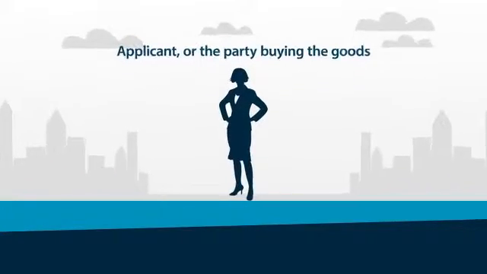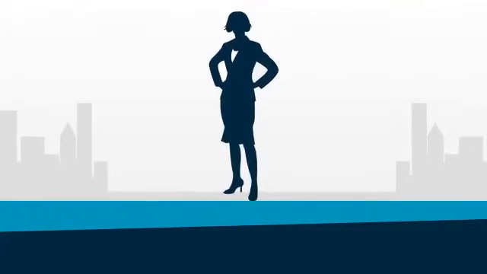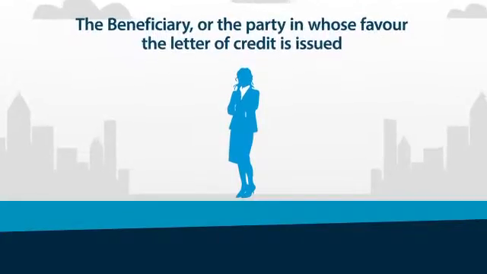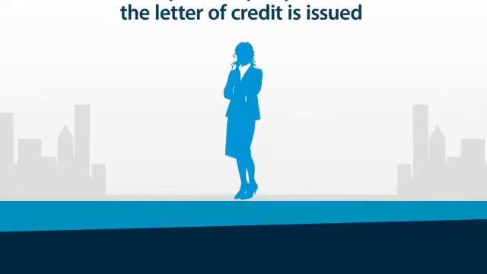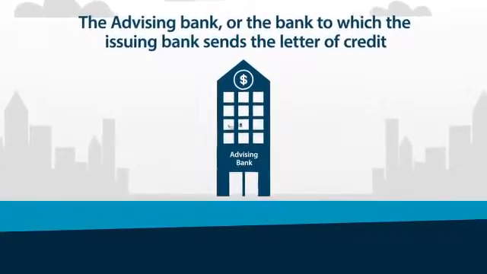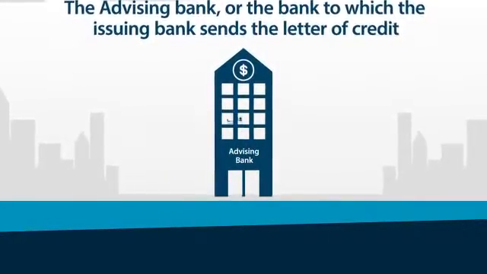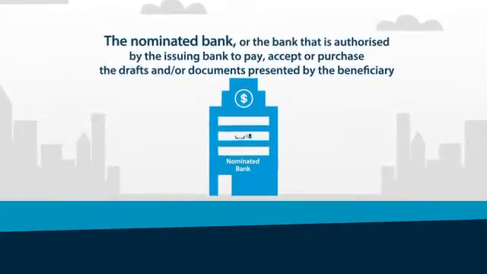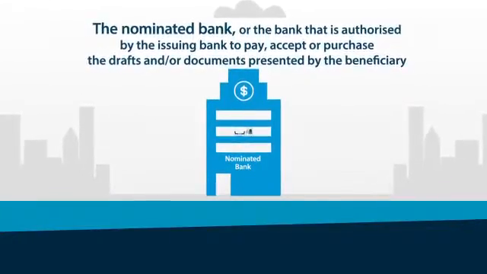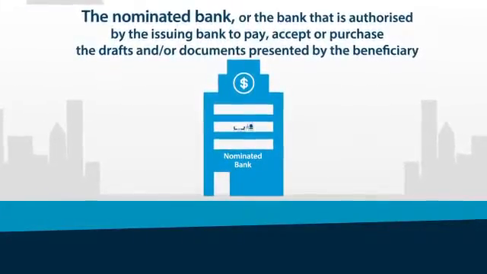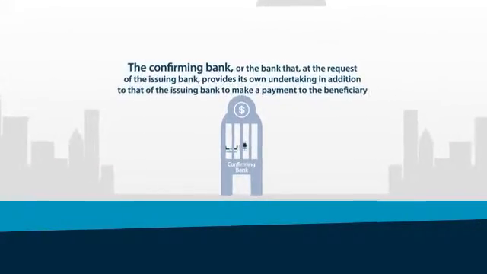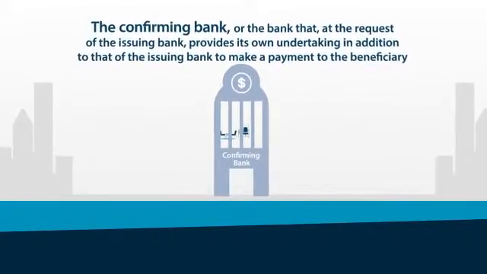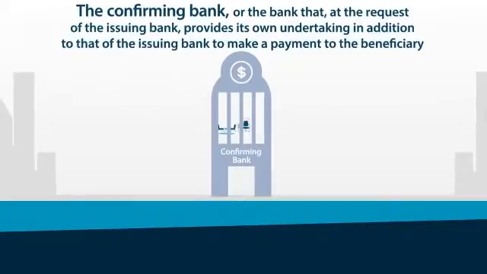These terms in review have included the applicant, or the party buying the goods, the issuing bank, which issues the letter of credit, the beneficiary, or the party in whose favour the letter of credit is issued, the advising bank, or the bank to which the issuing bank sends the letter of credit, the nominated bank, or the bank that is authorised by the issuing bank to pay, accept or purchase the drafts and/or documents presented by the beneficiary, and the confirming bank, or the bank that at the request of the issuing bank provides its own undertaking in addition to that of the issuing bank to make a payment to the beneficiary.